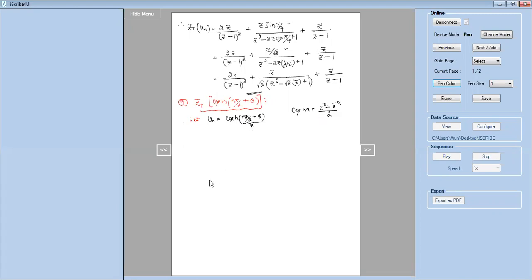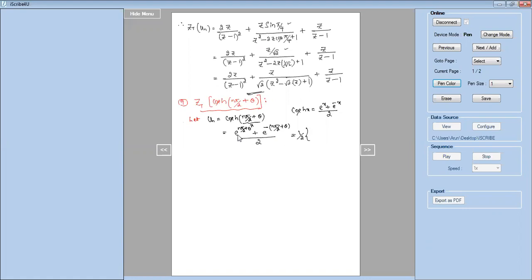We get this is equal to e power x, x means n pi by 2 plus theta, plus e power minus x, means minus of n pi by 2 plus theta, divided by 2. Right. Further I can simplify this, keeping 1 by 2 outside.